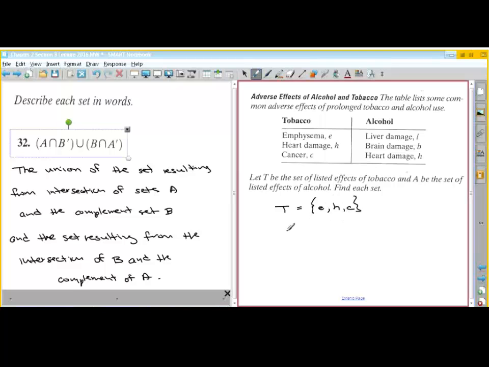So that's the set of the problems, adverse effects, I guess that's what it's called. Then I'd use A for alcohol. I'm going to use a capital A because that's for set. And we list the letters representing the bad stuff. So L, B, H. Okay. So you can use that for your homework. You already know what to do.